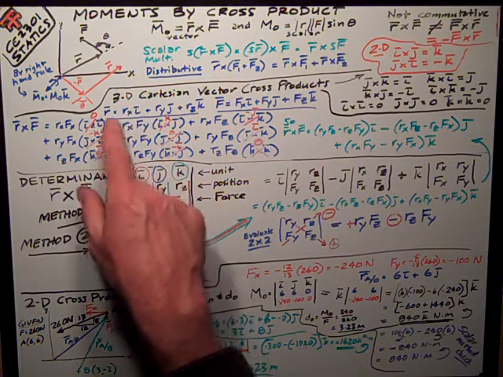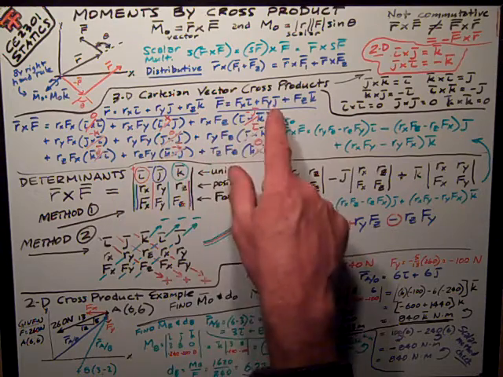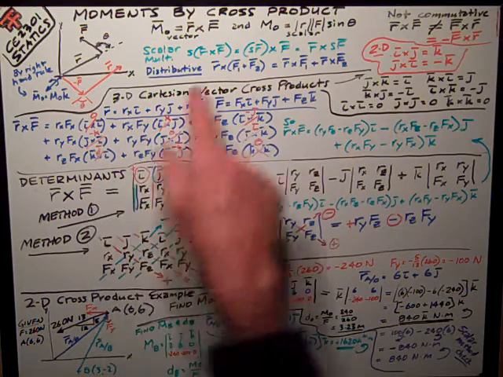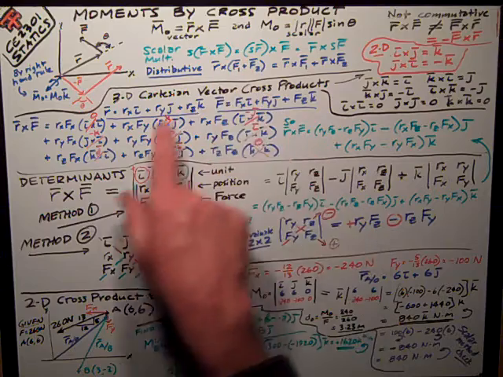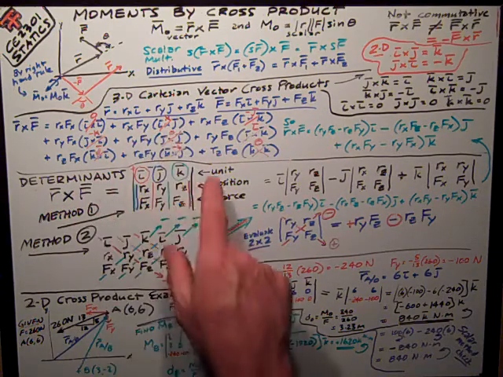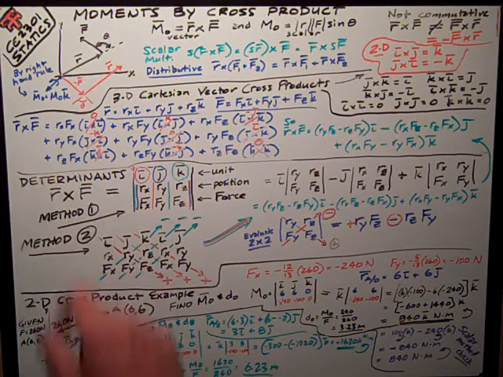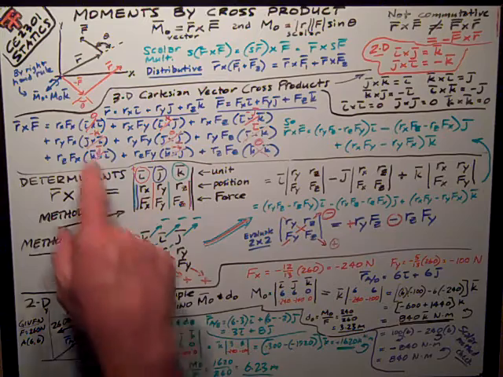I have to multiply the rx times fx, rx times fy, and I've also got, from the scalar and distributive properties, I keep my i's and j's, I cross those with them, and these are scalar numbers that I'm just multiplying together. So I have to do it 9 times.